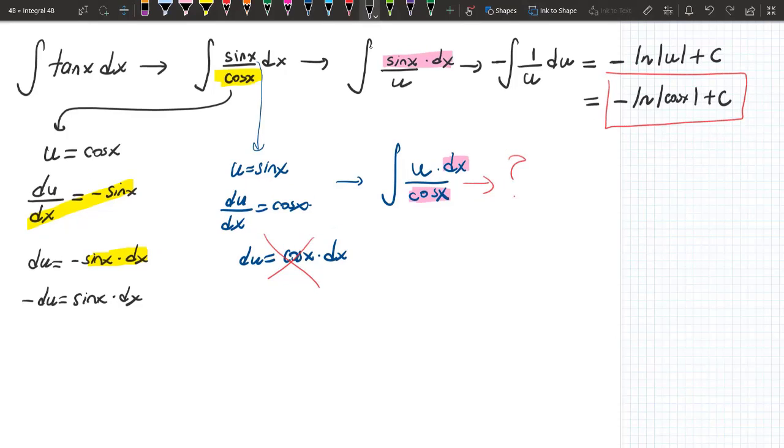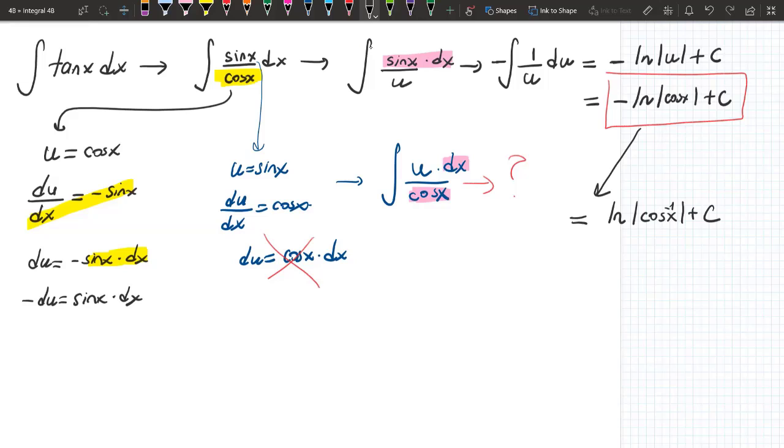And there is one more thing. In the previous option, we may go one step further. If we apply the properties of the logarithmic function, you could take this negative sign here. It becomes ln absolute value of cosine x to the power negative 1 plus c.